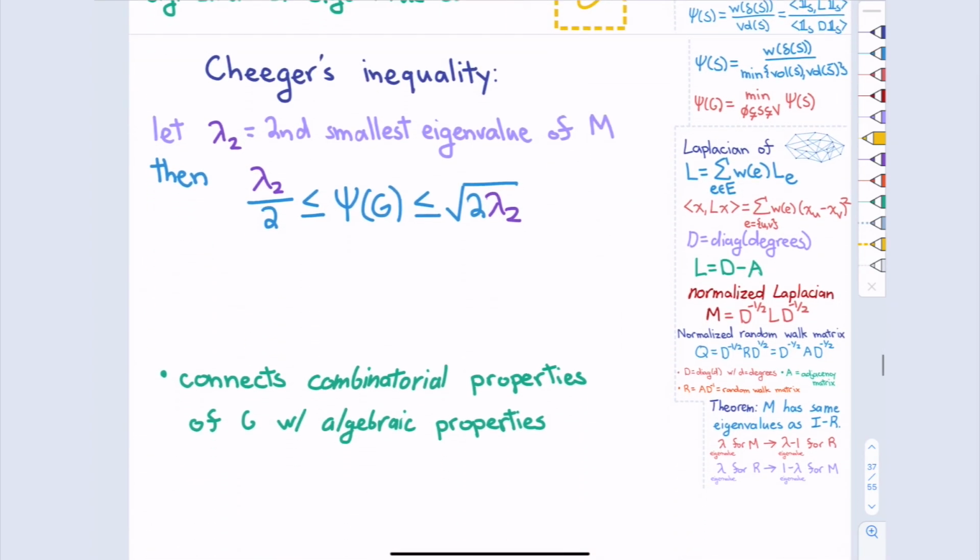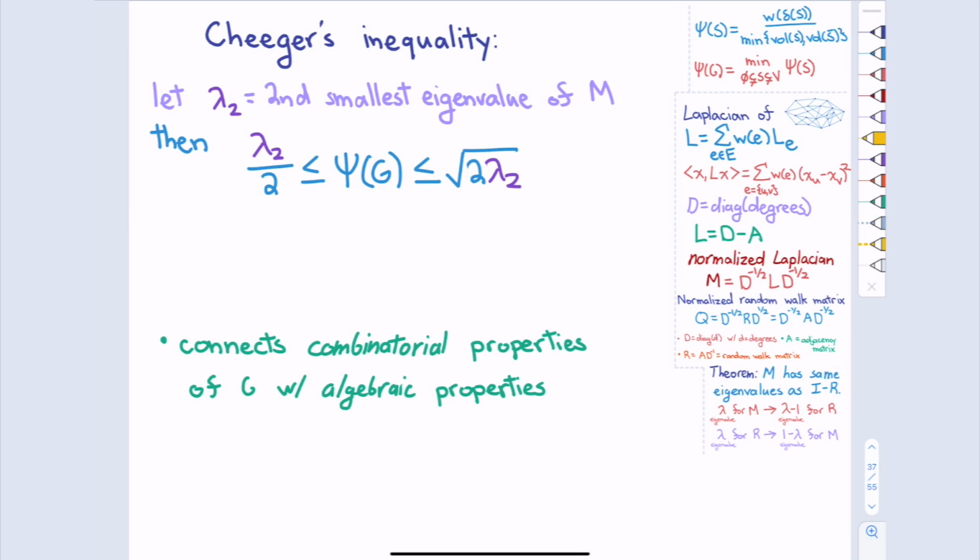Here's the thing that we're really going to spend most of class focusing on. That's going to start tying some things together. It's called Cheeger's inequality. We're going to let lambda 2 for the rest of the lecture be the second smallest eigenvalue of m. We can compute the second smallest eigenvalue of m; it's an eigenvector computation.